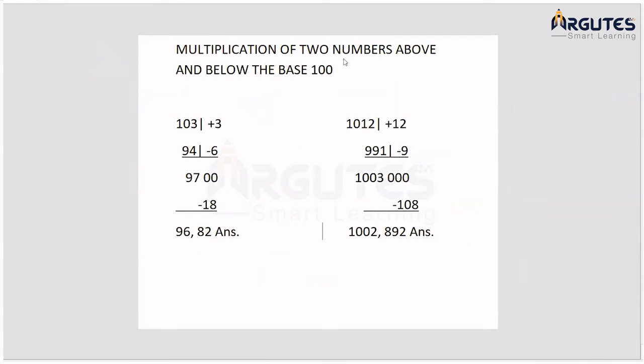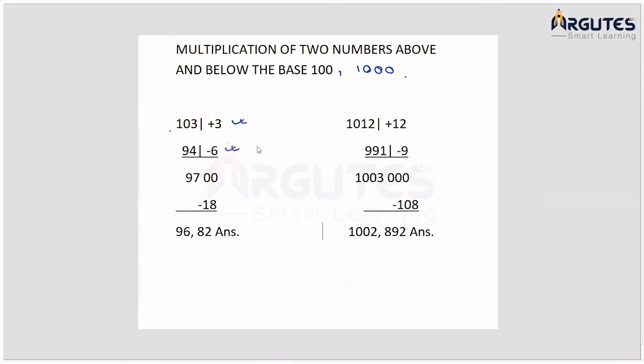Now, multiplication of two numbers above and below the base 100, and above and below the base 1000. Base 100 as well as base 1000. Okay. So here one number is 103, which is above 100, and one number is 94, which is below 100. So how do we do it? 103 is how much more than 100? It's plus 3. 94 is how much less than 100?